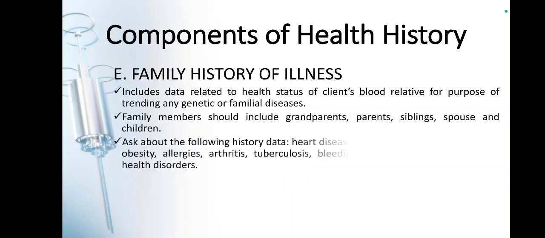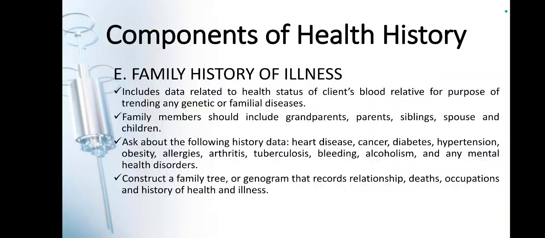Now, for your family history of illness or family history with a genogram, this includes data related to the health status of the client's blood relatives for the purpose of tracing any genetic or familial diseases, because the patient may experience genetic or familial diseases.